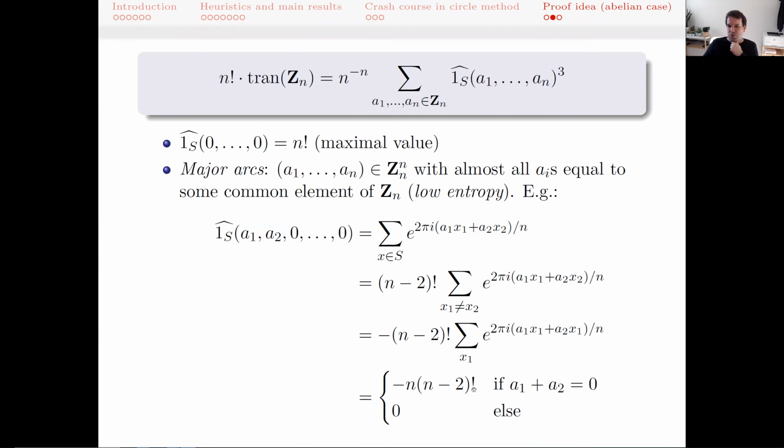And then at some point you just say, well, this seems like a major arc, but its contribution is so small that we can just absorb it into the error. Yeah, the cut is not as clear as it maybe seems from my slides.